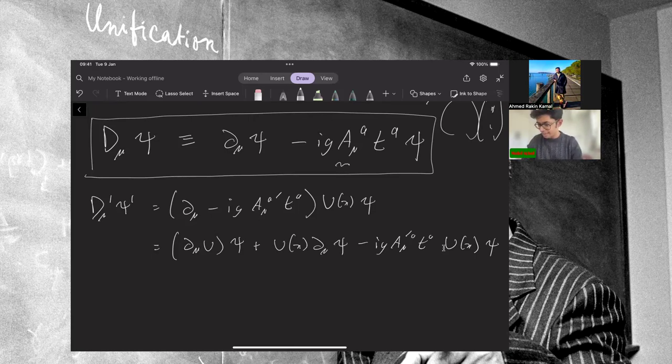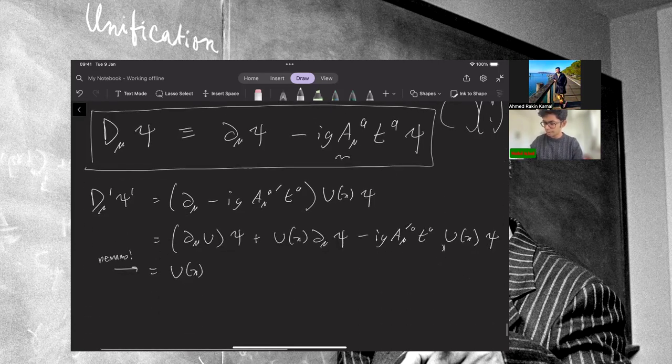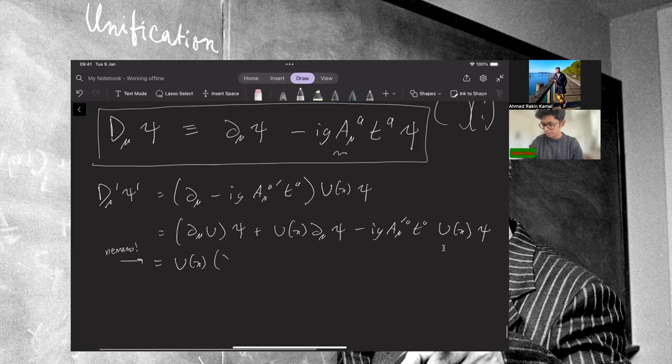And now the demand is that this be equal to U(x) D_mu psi, which is partial_mu minus i g A_mu^a T^a acting on psi. Now we can see what's happening.